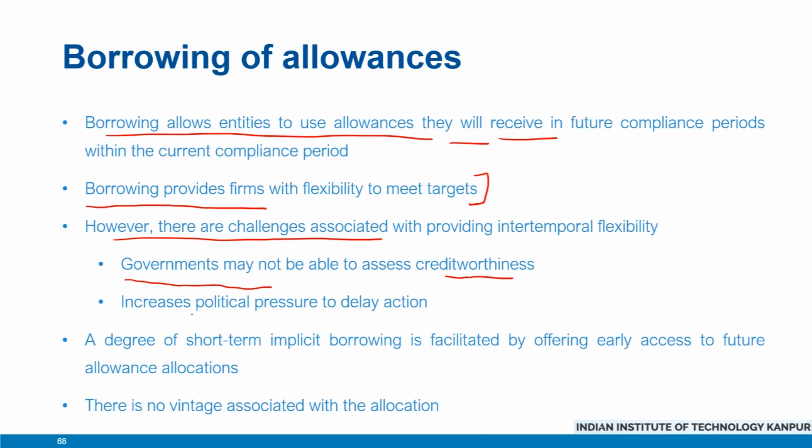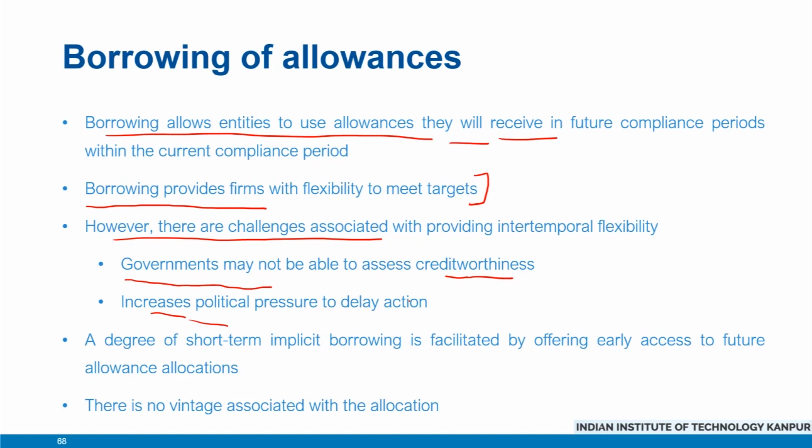Also, there may be increased political pressure to delay action. For example, borrowing firms may like to delay abatement, creating an active interest to lobby for weaker targets, or even for scrapping of these emission trading schemes altogether so that their debts are reduced or cancelled.